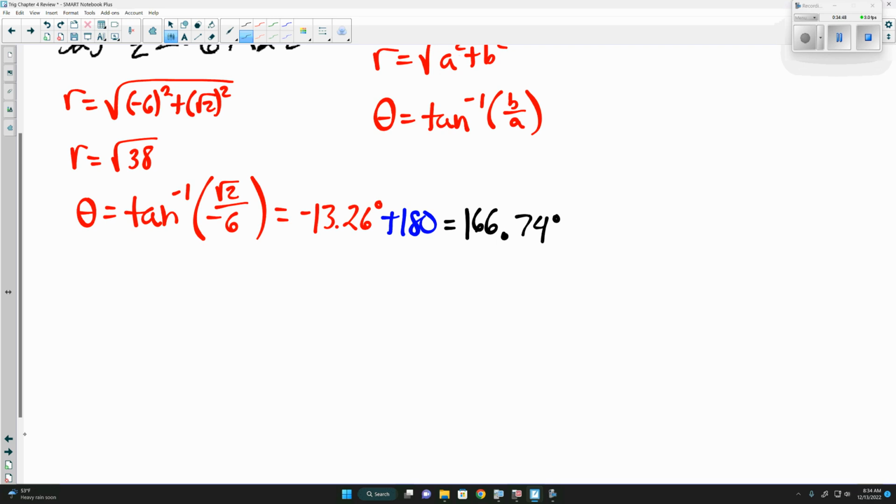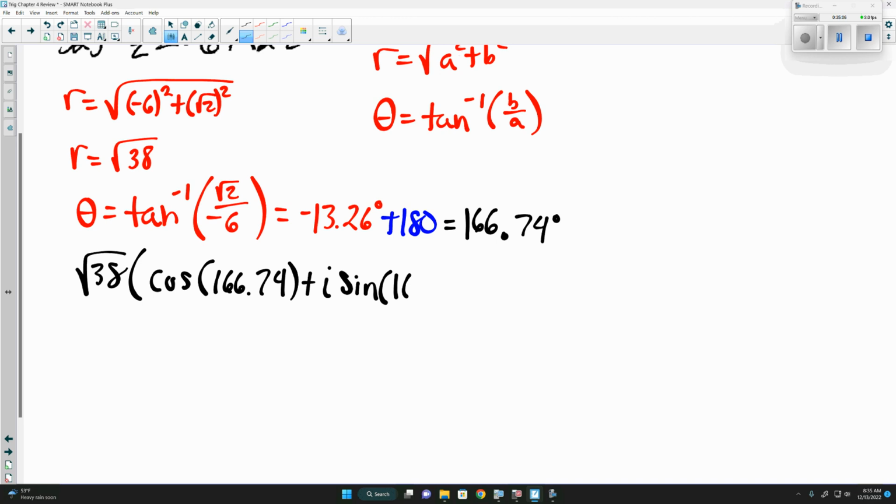So we can think of that angle that it gives us as more of the reference angle and then figure out which quadrant it's in. But our final answer is going to be the square root of 38 cosine of 166.74 plus I sine of 166.74. And that's it.